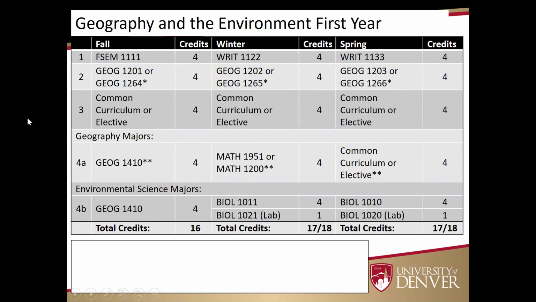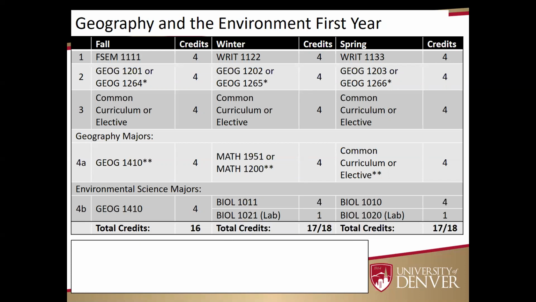Then you have your geography course, which is taken by all of the majors. If you are a geography major or an environmental sciences major, you will still take the first year sequence in geography called environmental sciences. The third course will be a common curriculum or an elective.